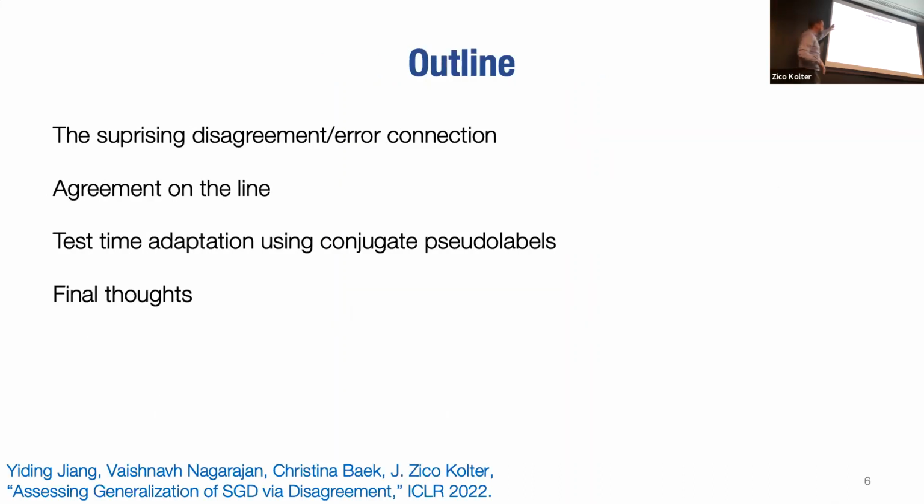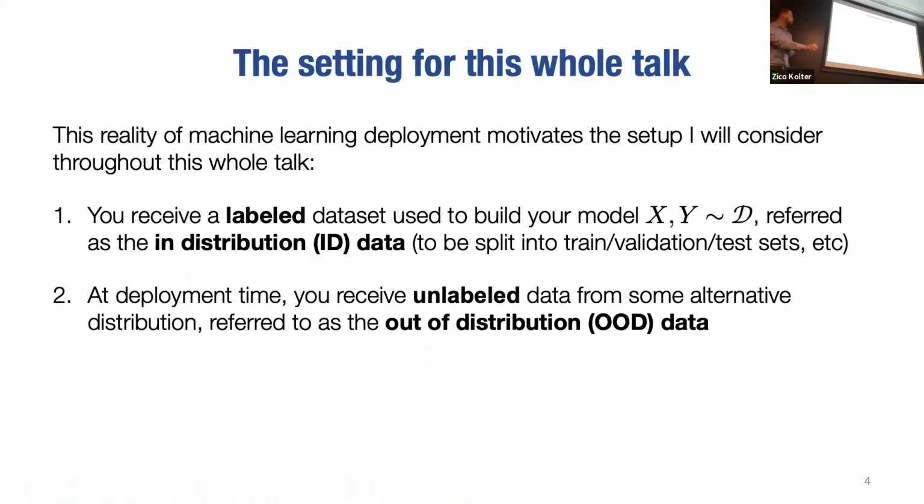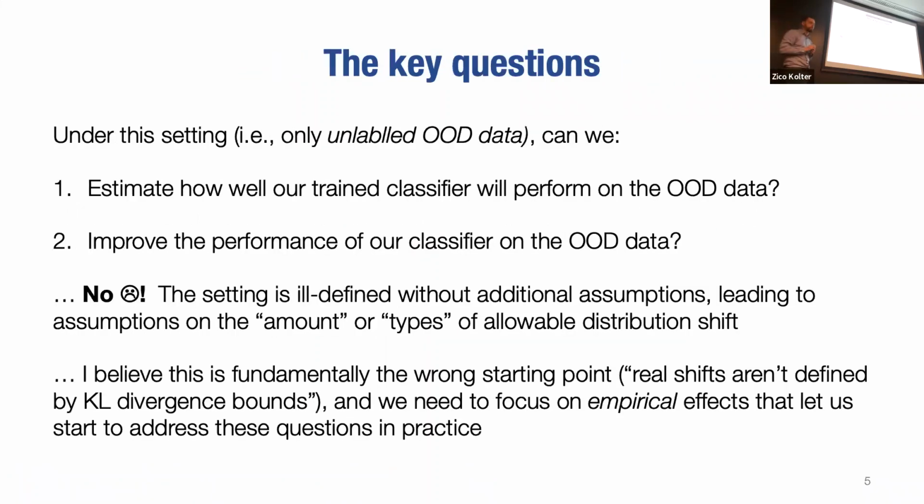I'm going to go over 3 groups of papers, the 3 papers we have. We've had them this year at ICLR and this year coming up at NeurIPS, on, in some sense, different things we can do to attempt to solve these two questions.